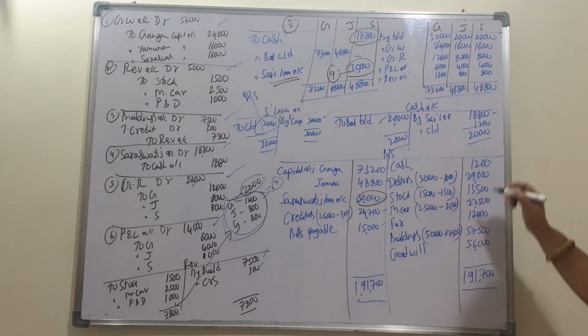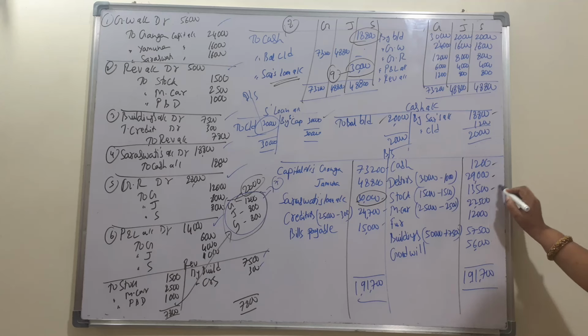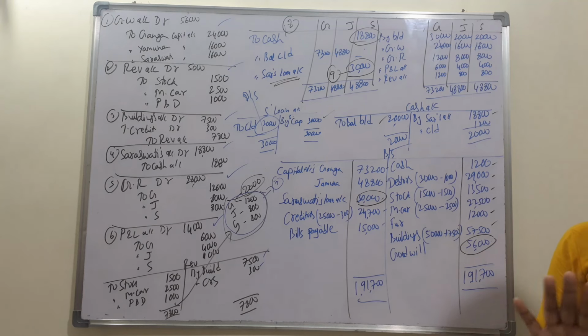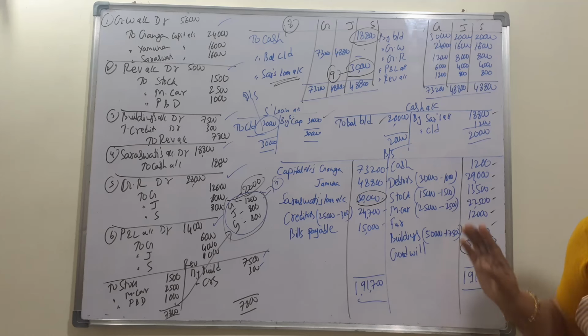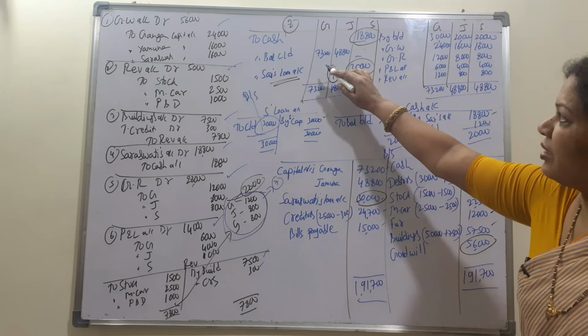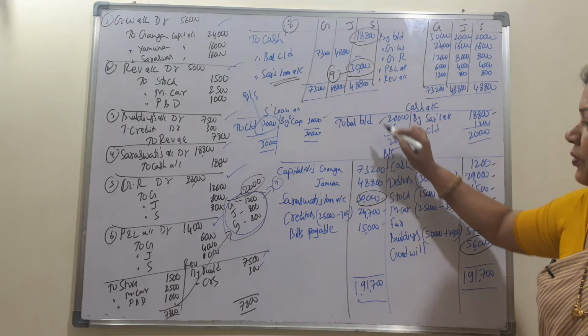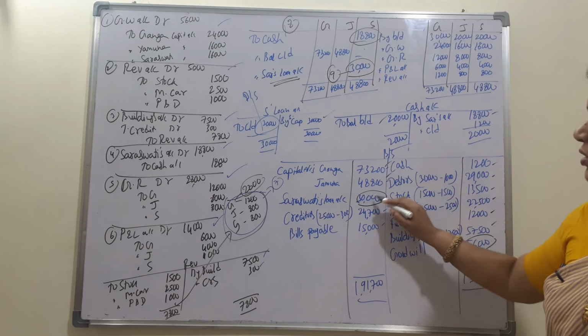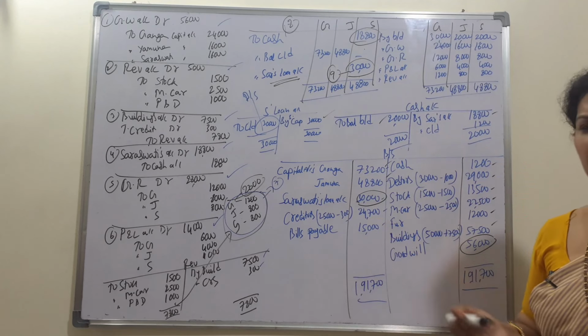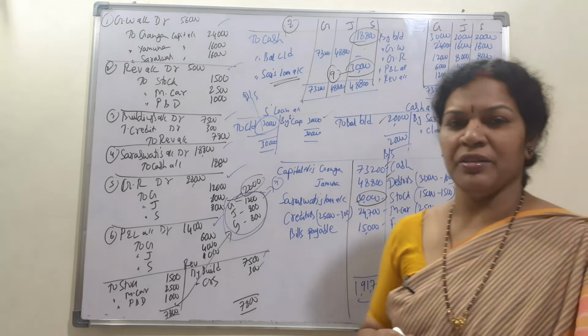After that open the balance sheet. Simple, all the transactions like cash, debtors, stock, motor car, furniture, building, goodwill. Please remember, when goodwill we have raised, it is not written off. When it is not written off, it has to be in the business. End of the problem, please see this. And balance sheet, simple, the carried on amount of Ganga and Jamuna we have written, Saraswati's loan account we have written, and creditors, bills payable, simple. The problem got tallied.